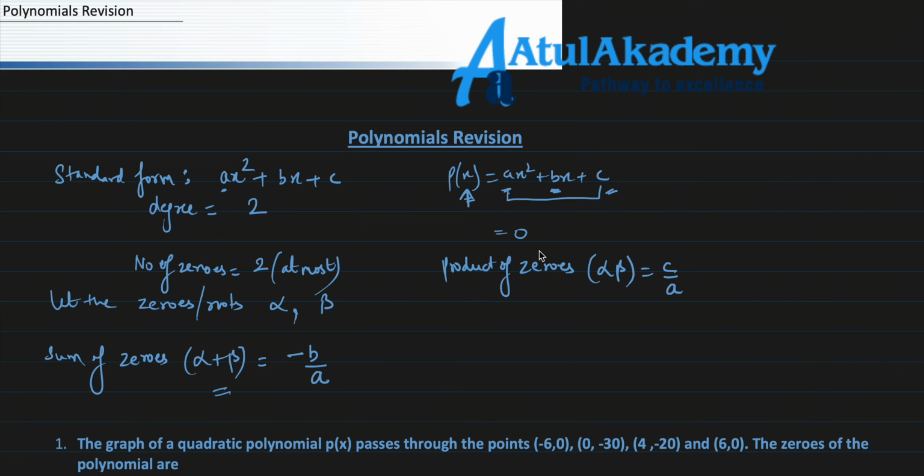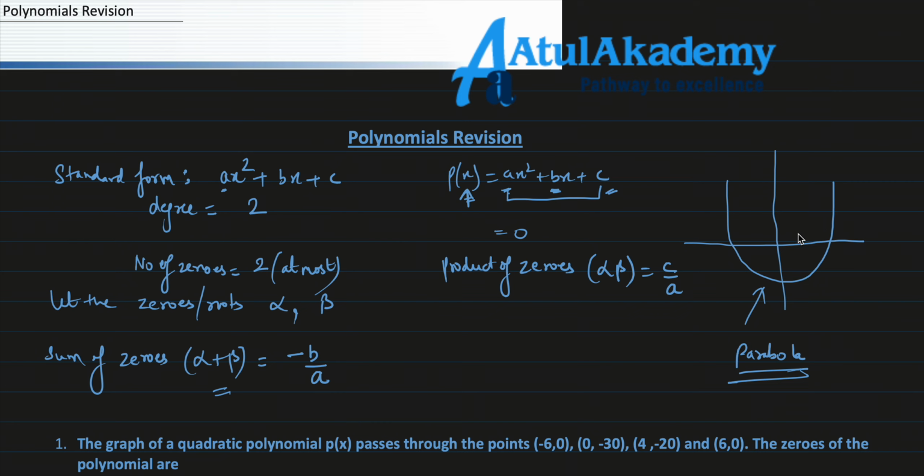Now there are sometimes questions in which a graph is given and based on the graph you tell how many zeros it has. So graph of a quadratic polynomial is generally of the form of a parabola.